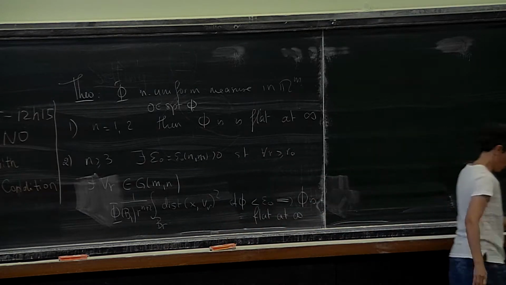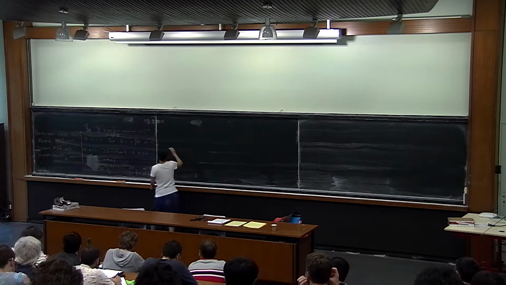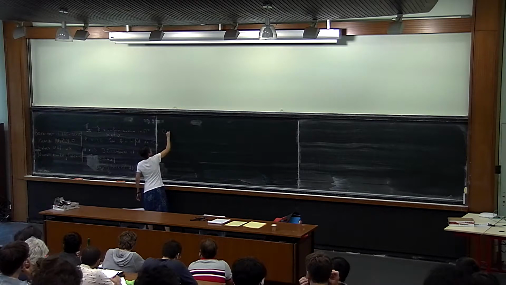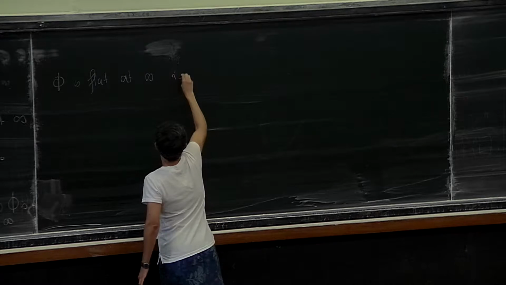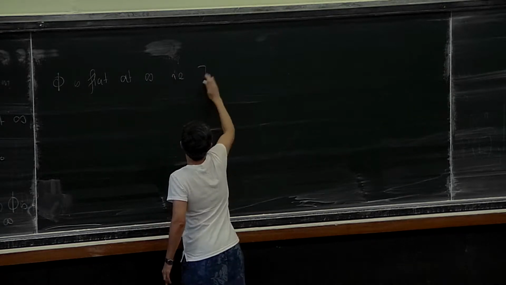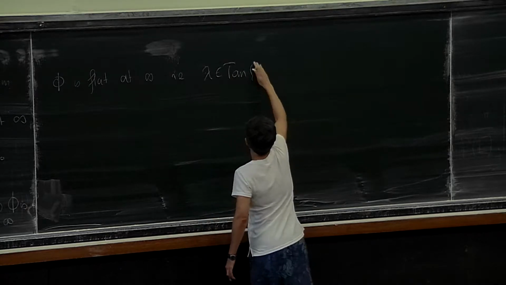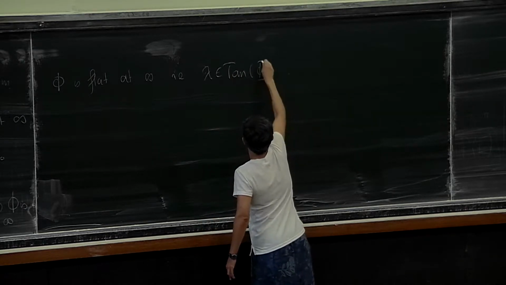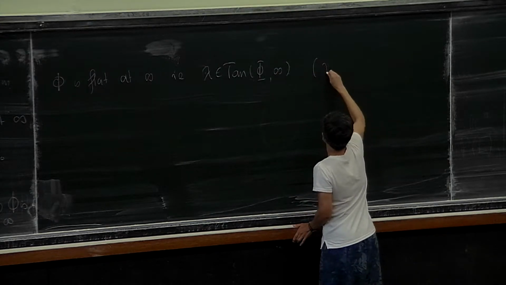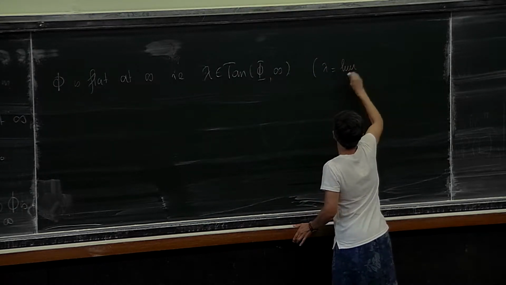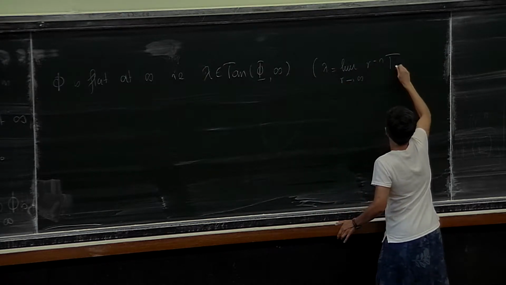Okay? So, and what does this mean? Remind you, phi is flat at infinity means, i.e., that lambda, the tangent of phi at infinity, and I remind you what that means, that lambda is obtained as the limit as r goes to infinity of r to the minus n times phi scaled by r.